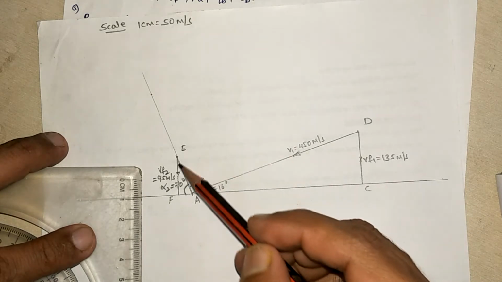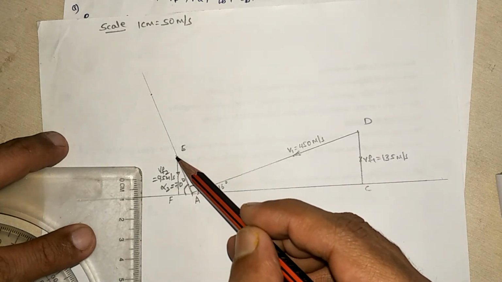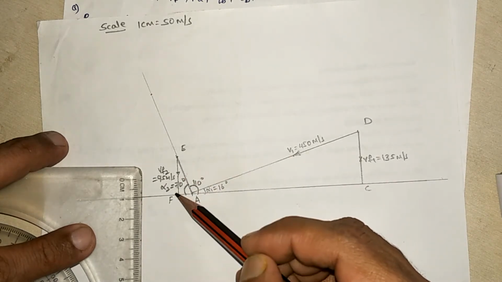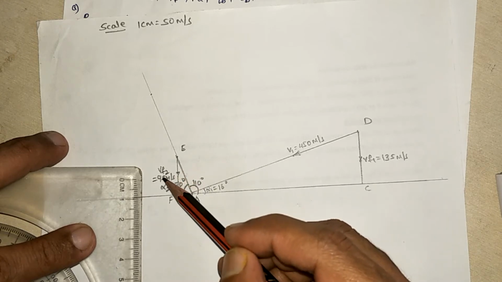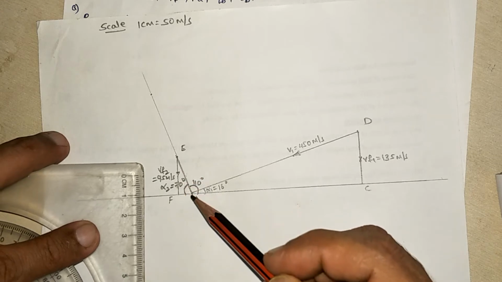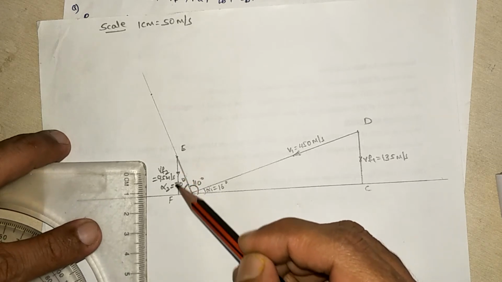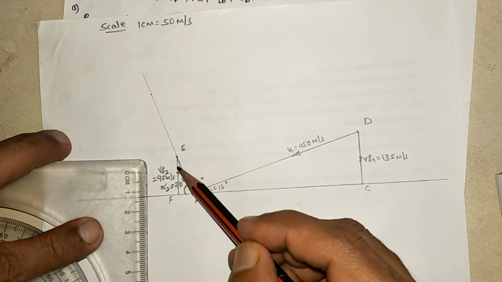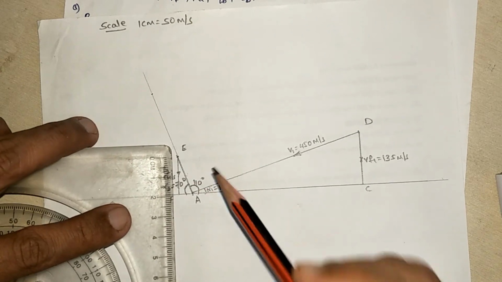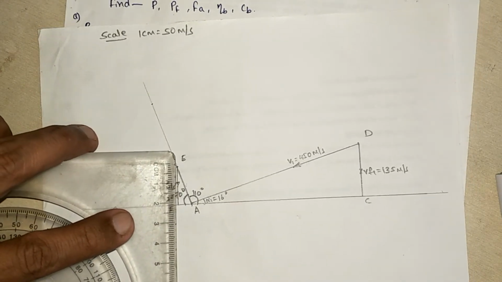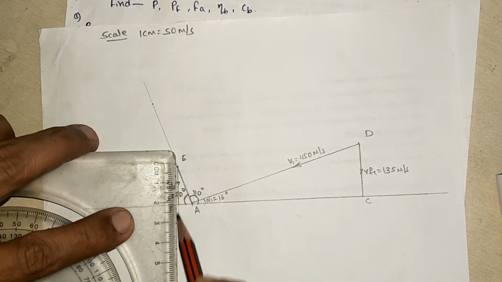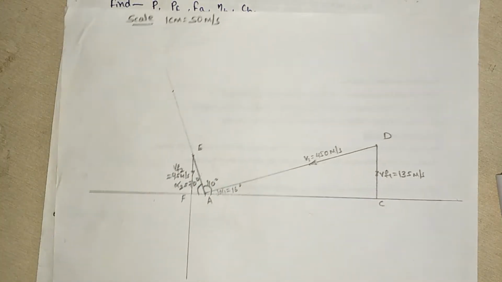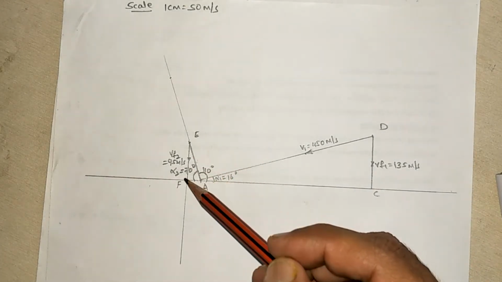We have this line EF, and the length of this line is 1.9 centimeters. So I am going to extend this line EF downward, of sufficient length. As you can see, I have extended it.